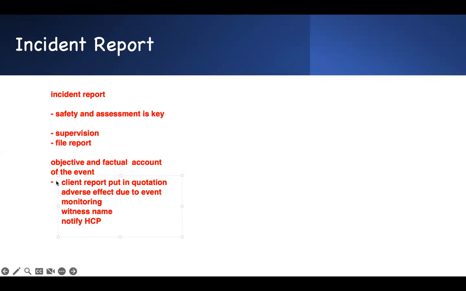Names involved. The client, their statement in quotation marks, what they said is what happened. Any adverse effect that happened, any monitoring you did, any witnesses, their names, and ACP. These people forget a visitor.